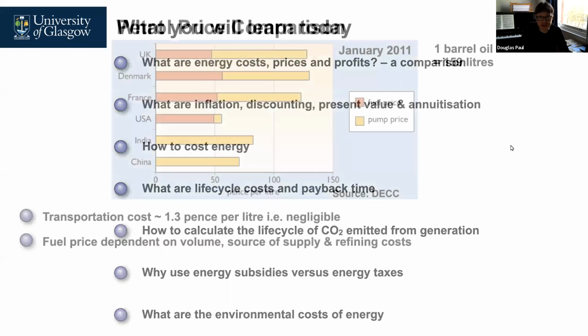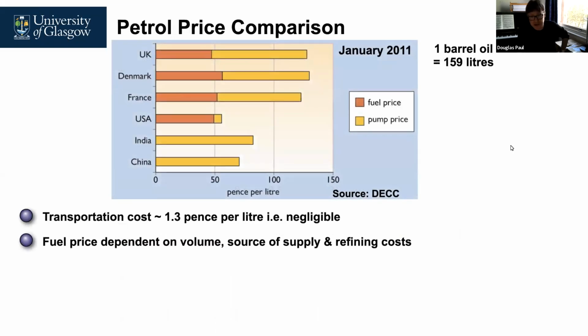So let's just start with looking at petrol prices in the UK and other countries. So I appreciate this is not every country for the people on this course, but at least what this is trying to show is that if we compare what the real fuel price is in the different countries, compared to what is the price that a consumer will buy petrol at a petrol pump if they go in with their own car, you can see there's vastly different prices in different countries.